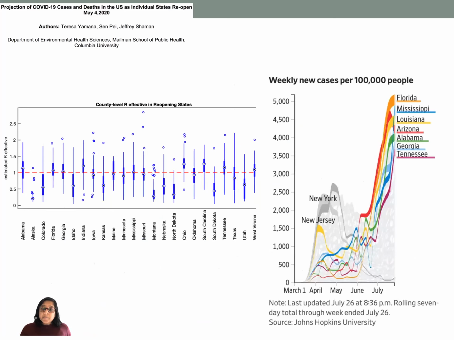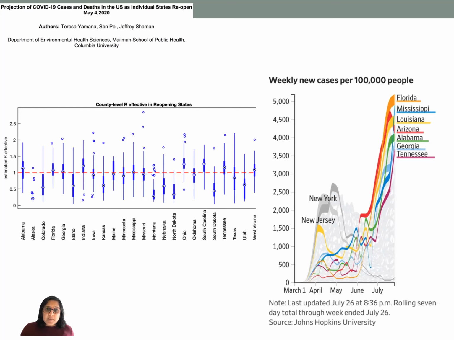So these are data from July 26th in the Wall Street Journal, actually from Johns Hopkins, but it was published in the Wall Street Journal. And what you can see is that the number of cases in these states have really shot up after the lockdowns were lifted. And in retrospect, it's not surprising. So for example, in Florida, the R naught was just above 1.